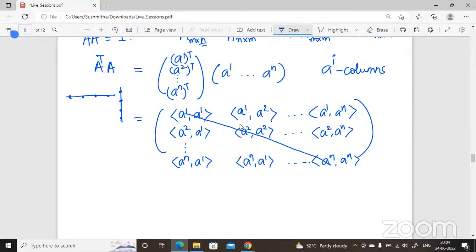If it is orthonormal, it will be 1. So if this is the identity matrix, it means that the columns form an orthonormal set. And if the columns form an orthonormal set, this will be the identity matrix.